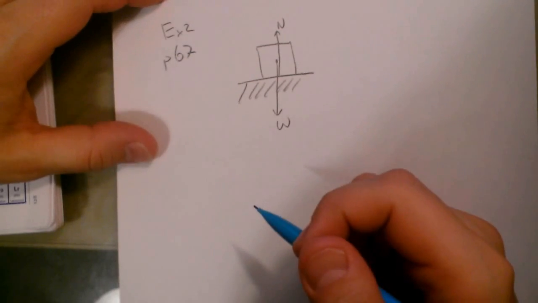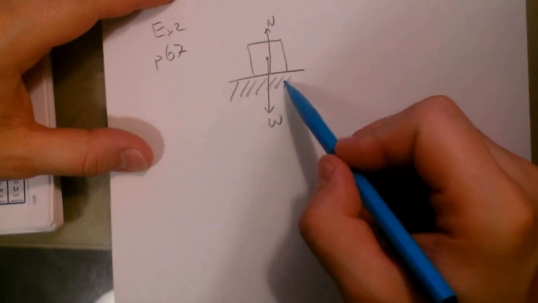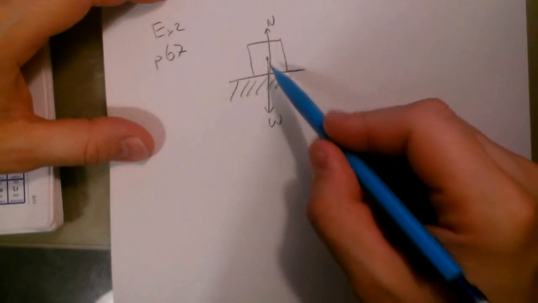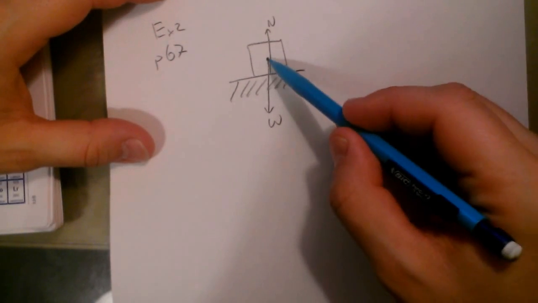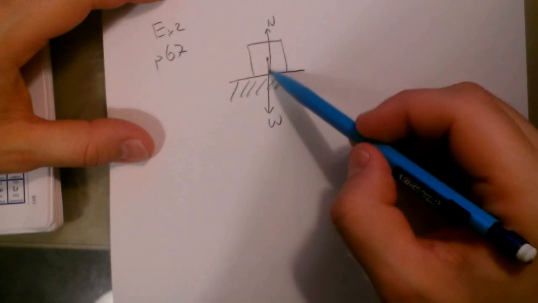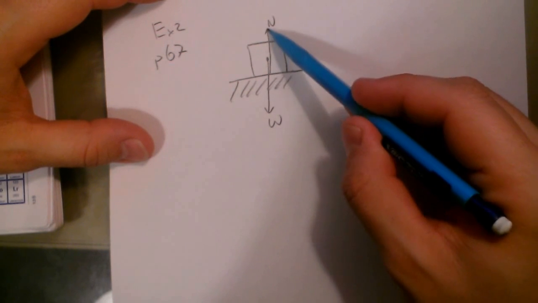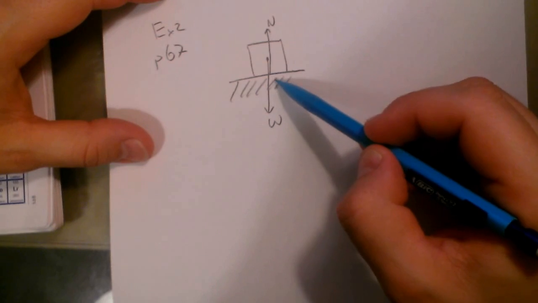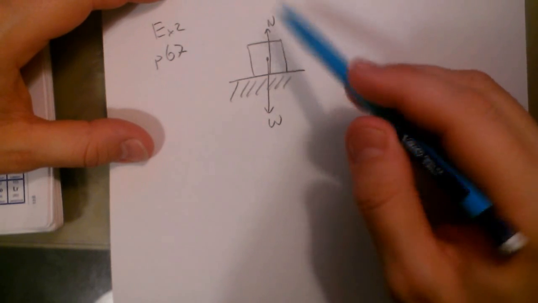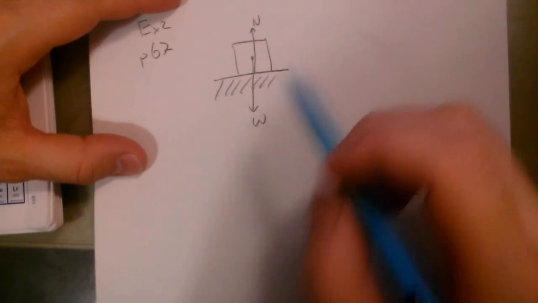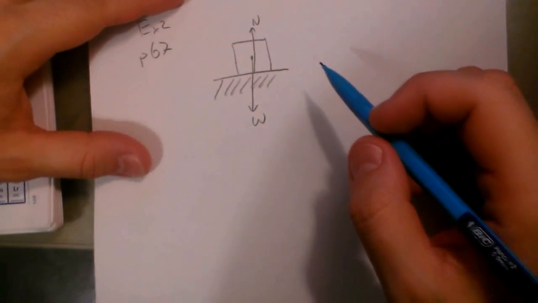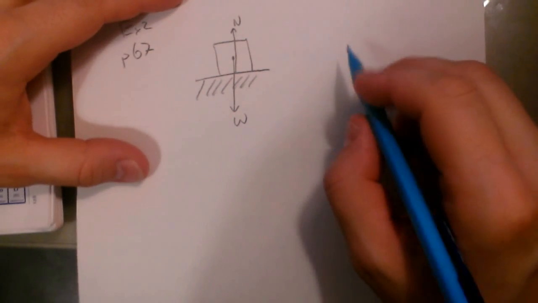Example 2 from page 67 says if we have a box sitting on the floor, there are two forces acting on the box. The weight of the box is acting down from its center, and there's a normal force acting from the ground it's sitting on, acting up on the box. According to Newton's third law, what is also true?